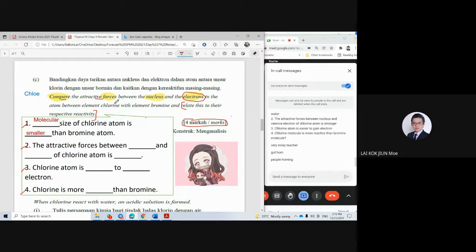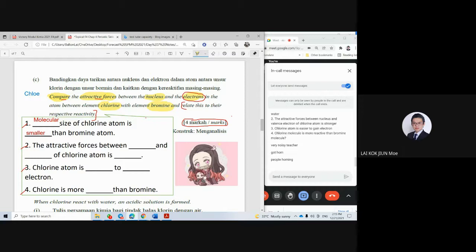Between element chlorine and bromine, can you analyze the question for us first before we start the answer? Compare the attractive force. When you saw this question, attractive force means what? So you have to link to what? Attractive force means what? The size of the molecule. Before that, when we say attractive force, the force comes from where? From proton?